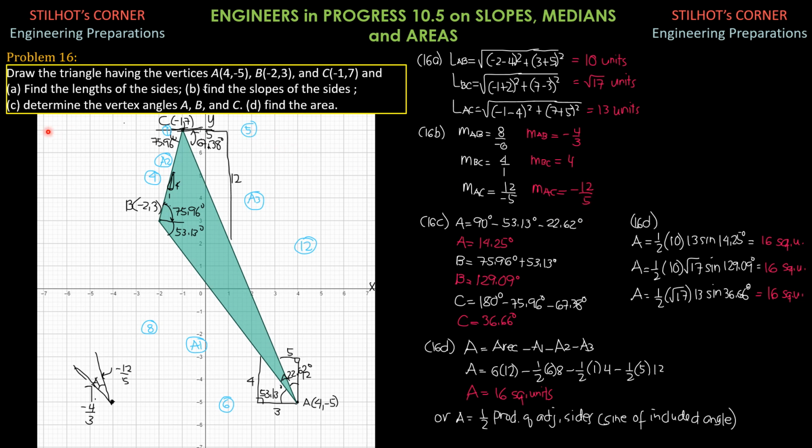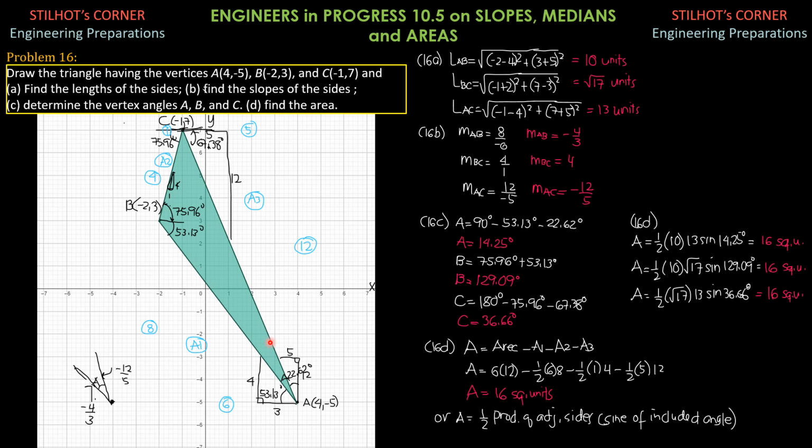And let's proceed to see the vertex angles A, B, and C. If you want to apply the formula, then it is tangent of an angle, but remember the angle should be measured in counterclockwise direction, and the formula uses the slope of the terminal side.